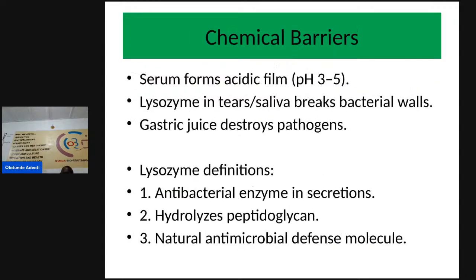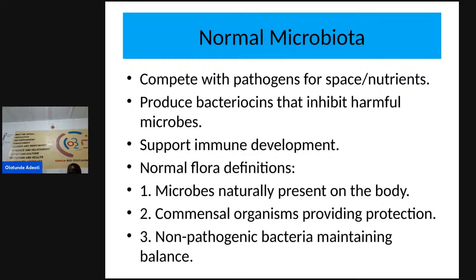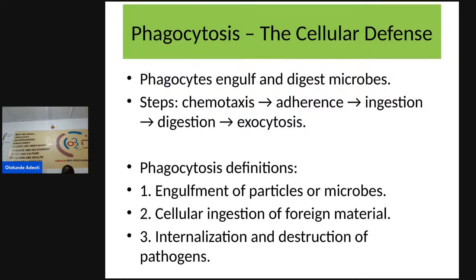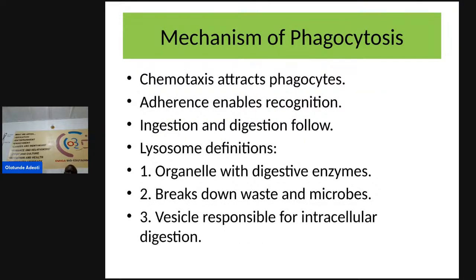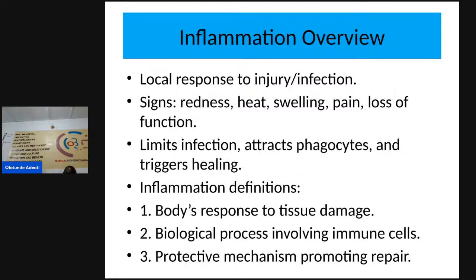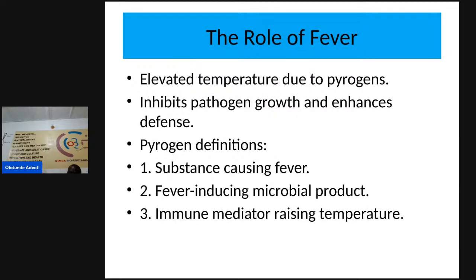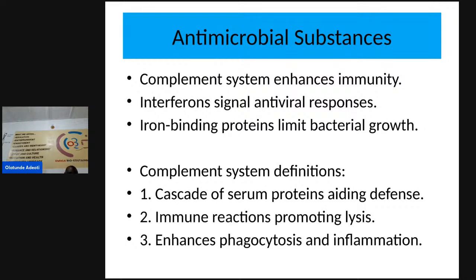Okay, now I want to give you an assignment, and that's why I want to stop here today. The assignment is to explain in detail how cytokines, natural killer cells, and fever play a role in maintaining cellular integrity.